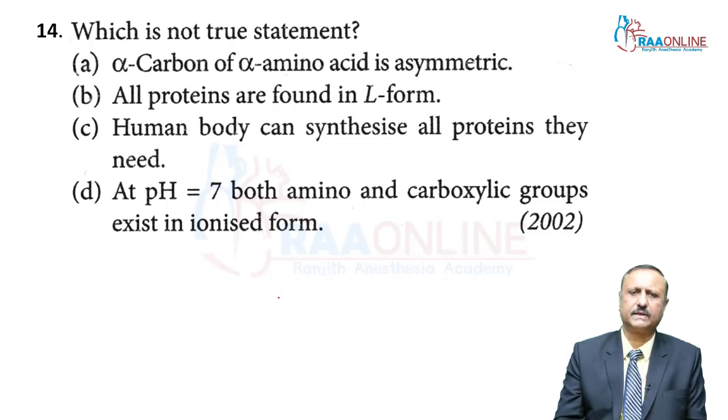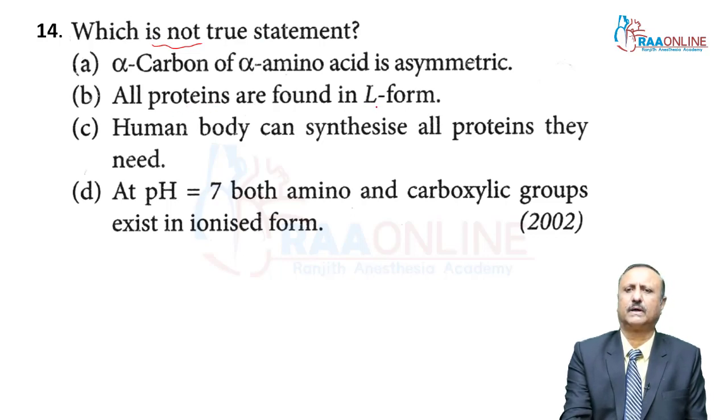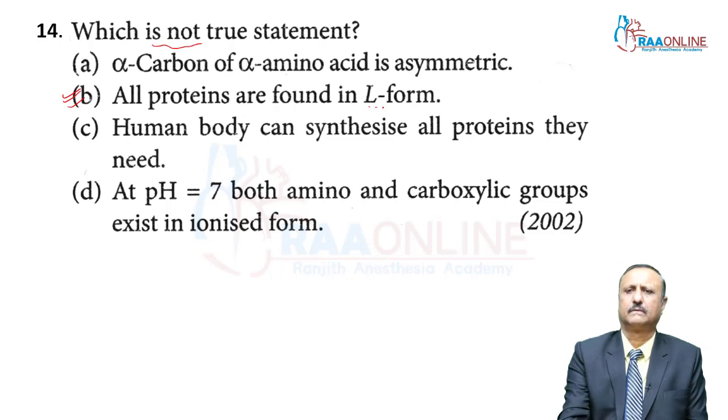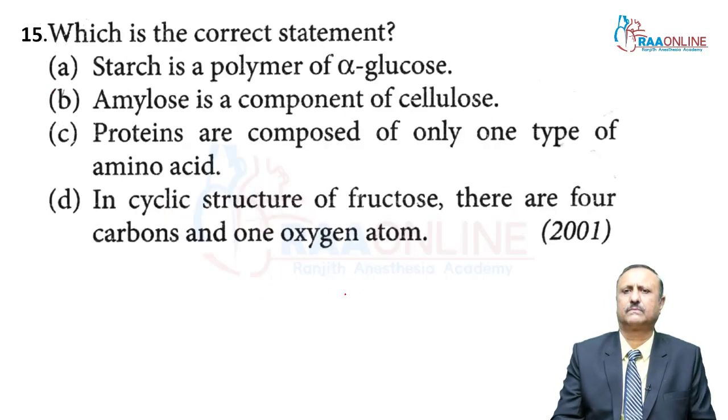Now, my dear students, we can see that 'all proteins are found in L form' is not a true statement, because through amino acids proteins are formed, and in amino acids D and L forms are present. So, you cannot say that all amino acids are found in L form. It is a configuration form, and we already studied it in our theory part.